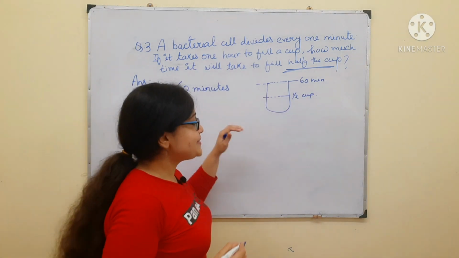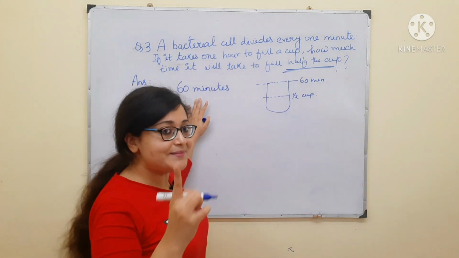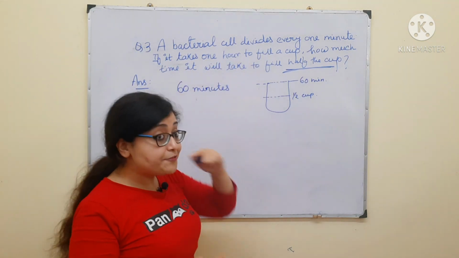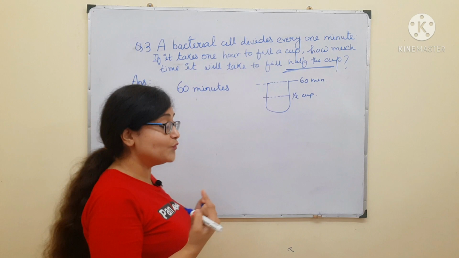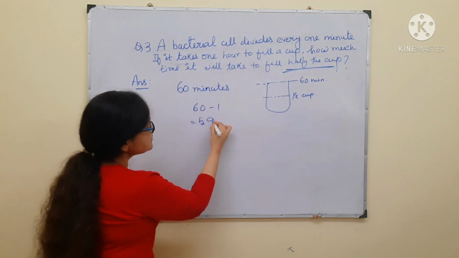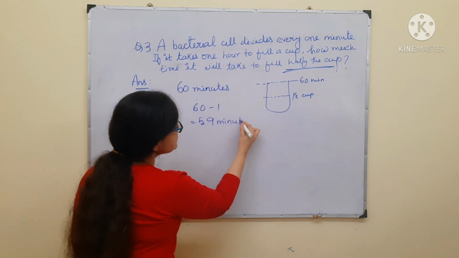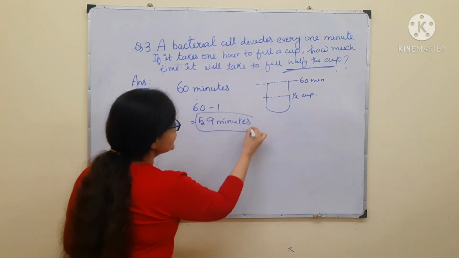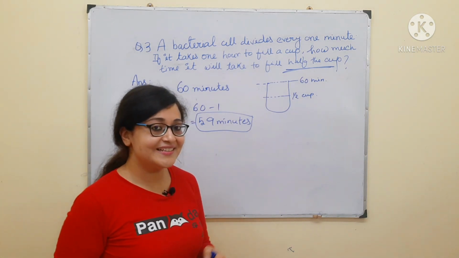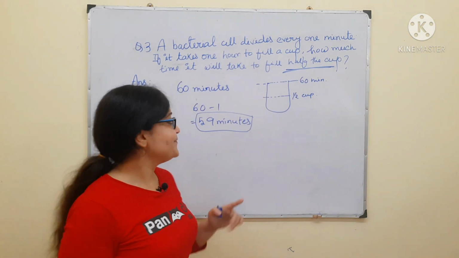Okay. Now see, if the total time taken is 60 minutes and the bacterial cell divides every 1 minute, that means 60 minus 1, that is 59 minutes will be taken to fill half the cup. Isn't it very easy? Let me just tell you once again.